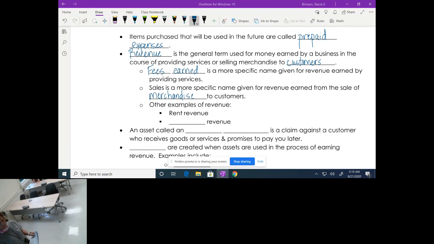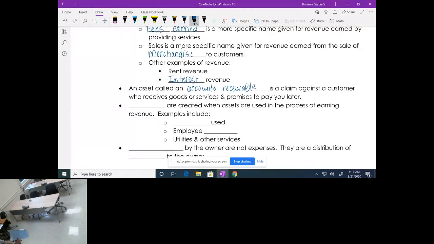All right, so an asset called an accounts receivable is a claim against a customer who receives goods or services and promises to pay you later. So you as a business, you sell some stuff to one of your good customers and you send them a bill and they'll pay you in 30 days or so.